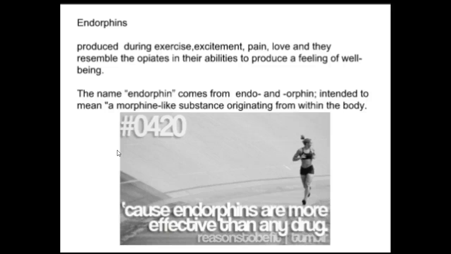Endorphins produced during exercise give us excitement, pain, love. They resemble the opiates in their abilities to produce a feeling of well-being. The name endorphins comes from endo and orphan, intended to mean a morphine-like substance originating from within the body.